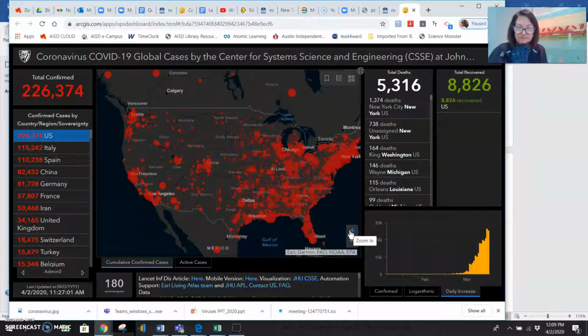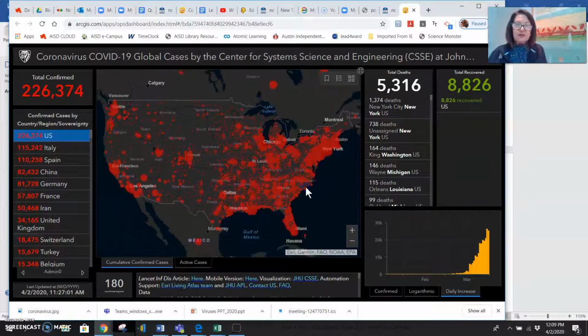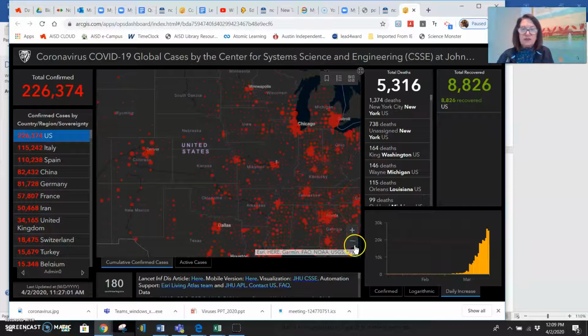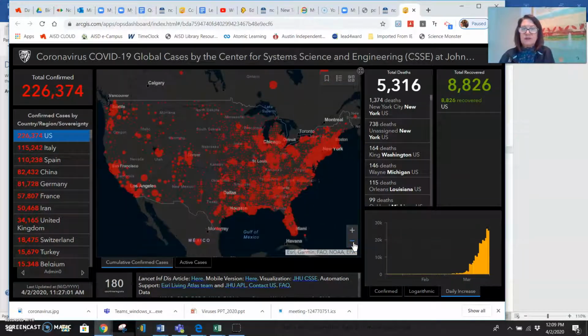So this is kind of what it's looking like right now. We can see that a lot of this is, maybe that's going too far in, mostly in the middle to the east of the Mississippi River, because it kind of divides it in half.